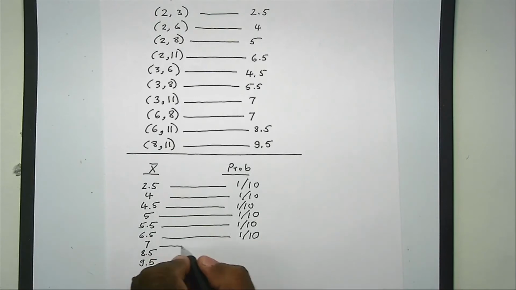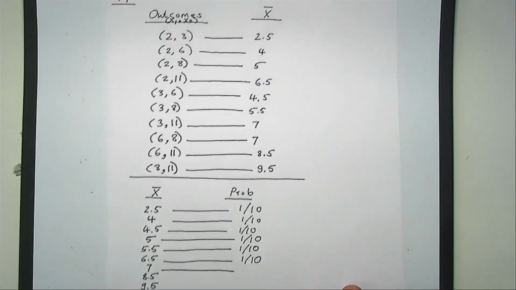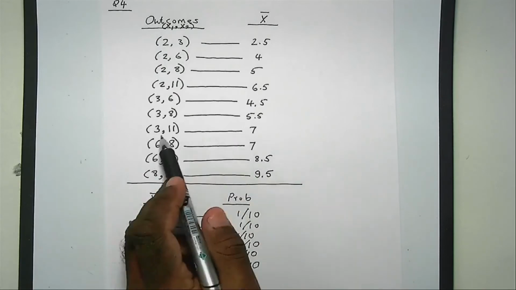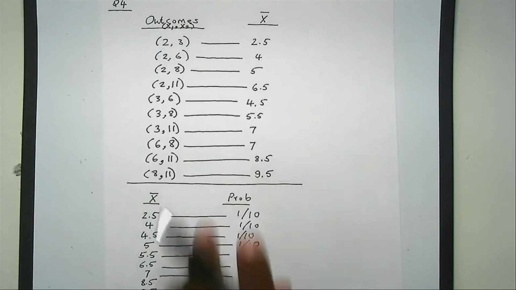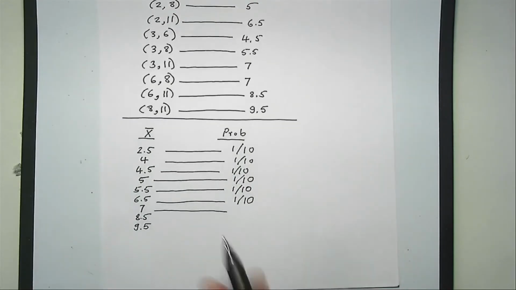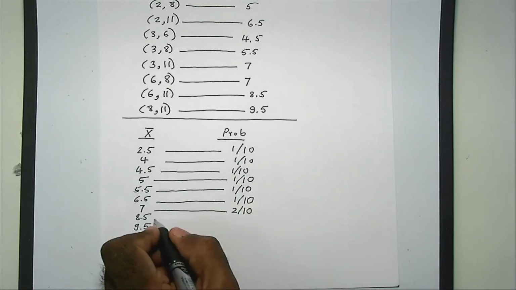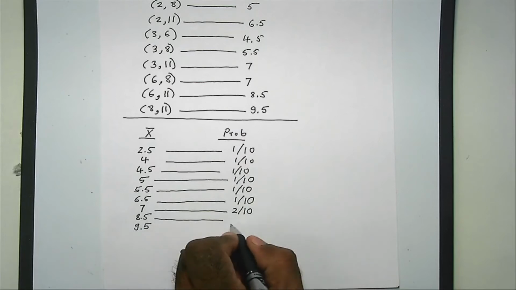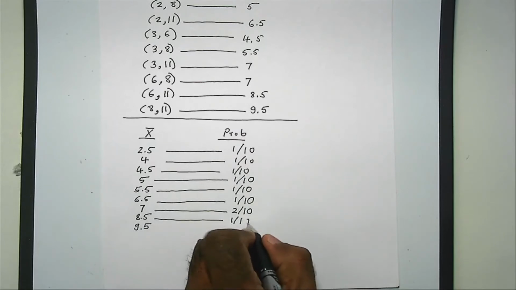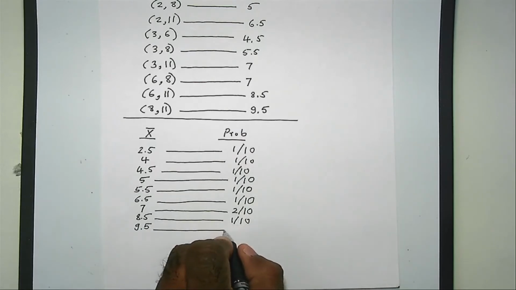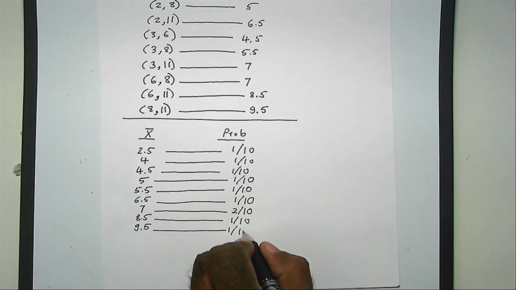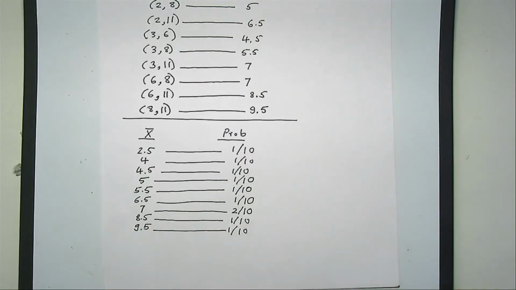And for 7, you should look carefully: there are 2 outcomes with 7. This is 7, this is also 7. So that's 2 outcomes out of 10. 8.5 occurs once, and 9.5 occurs once. So this is the probability distribution of X bar when you draw without replacement.